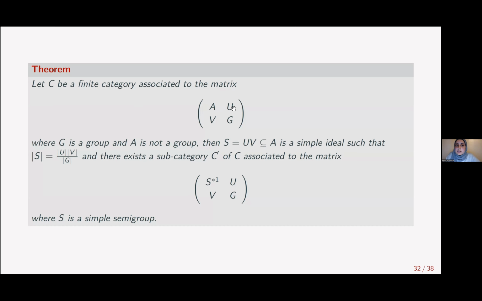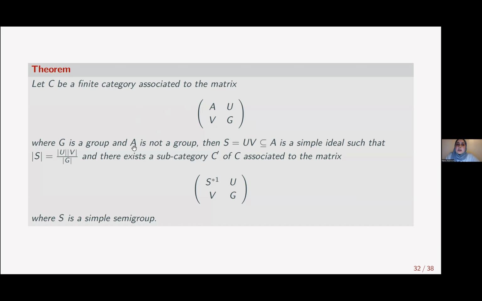And now the other direction. If I have a finite category such that one of the objects is a group, how do I get to a simple semigroup or to a monoid? So I let C be a finite category associated to the matrix A, U, V, G. I will call them U and V for now, but we will see later how it works.